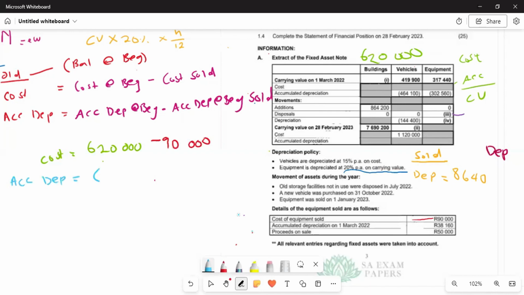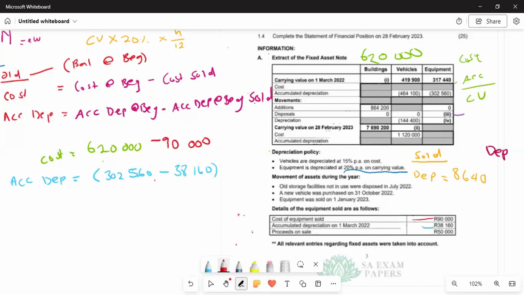So let me put it in brackets. It was given as 302,560. The accumulated depreciation at the beginning for my disposed, it is 38,160, given also. Right? Now, overall, my cost 620,000 minus 90,000.